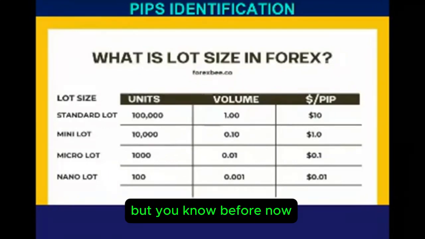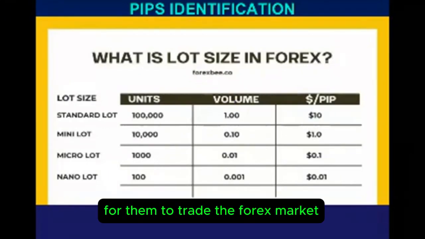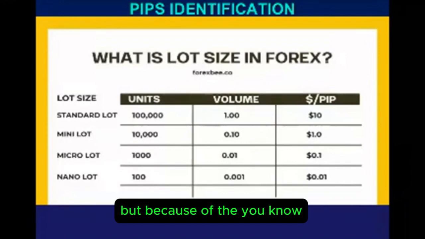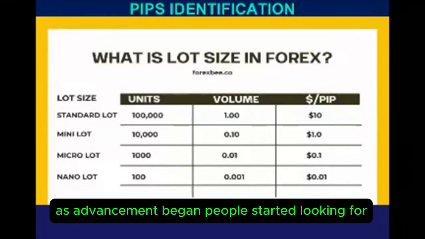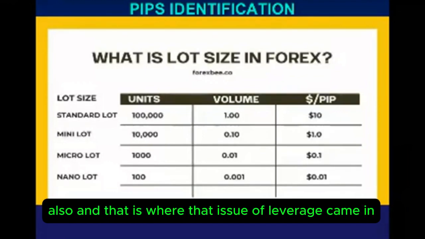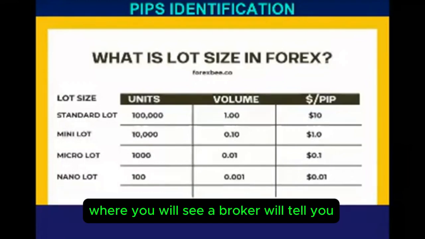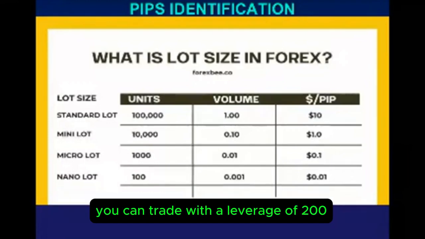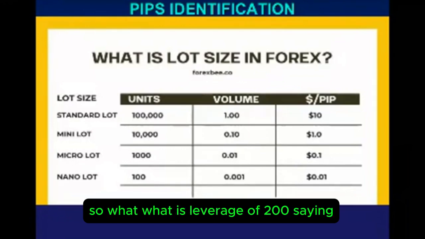But before now, it took people that are rich for them to trade the Forex market. But because of advancement, people started looking for how people with small money can play in this market also. And that is where leverage came in, where a broker will tell you that you can trade with a leverage of 200. So what is leverage of 200 saying?